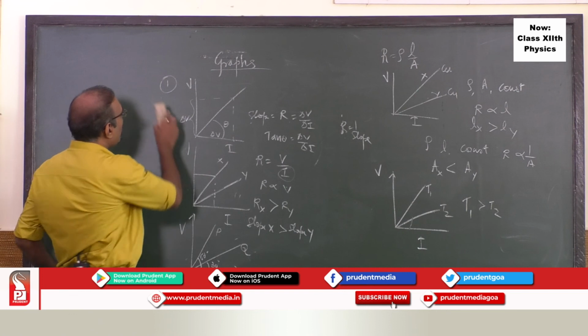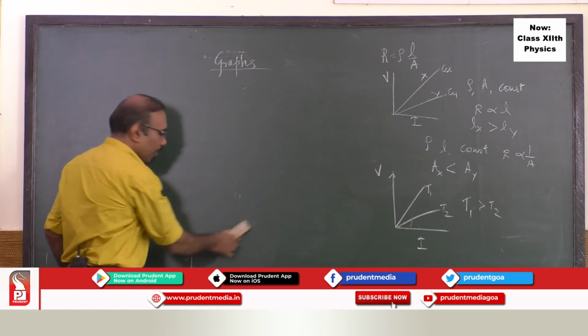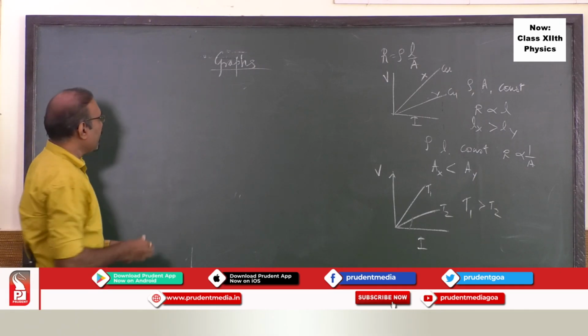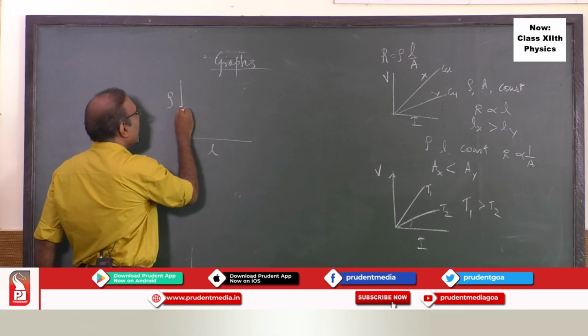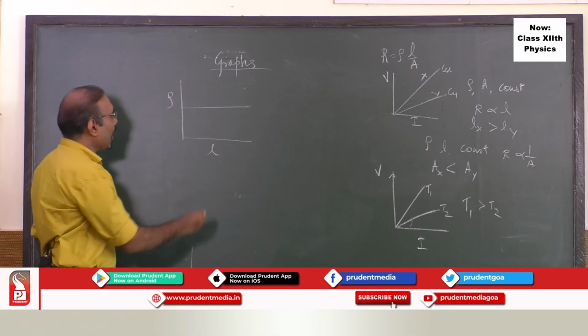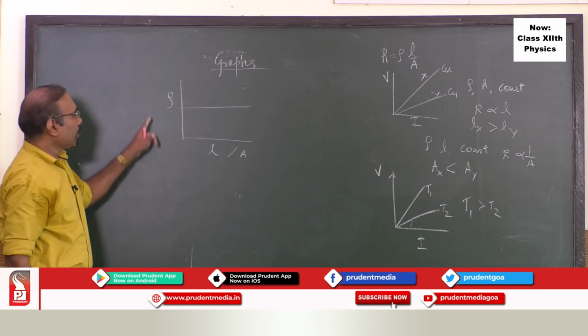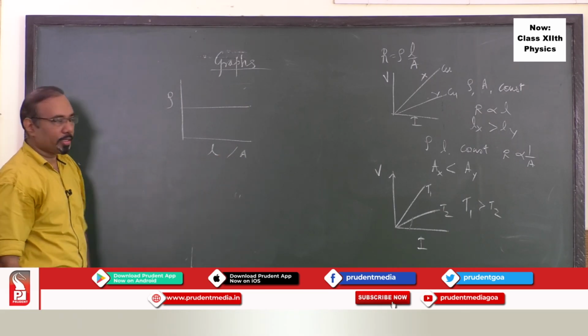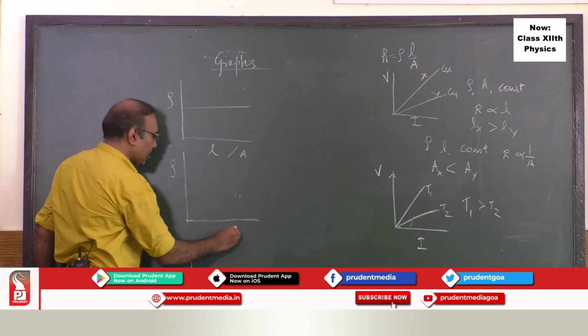Likewise, you can also plot a graph of resistivity and length. If you plot a graph of resistivity with length, it does not change with length. The same graph is for resistivity and area of cross section. It is not depending on area of cross section. We can also compare the temperature coefficient of resistivity.